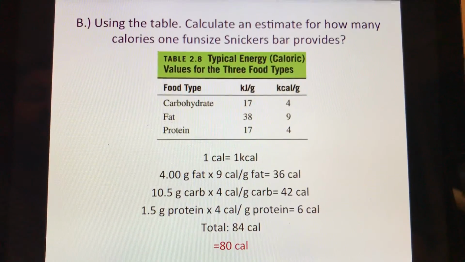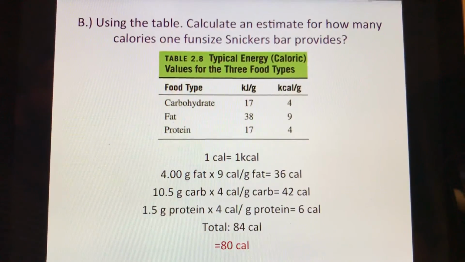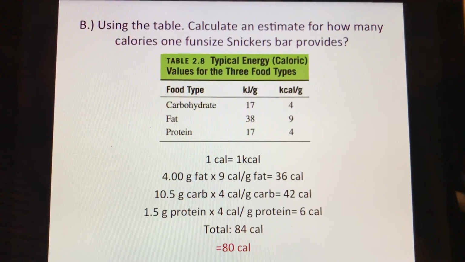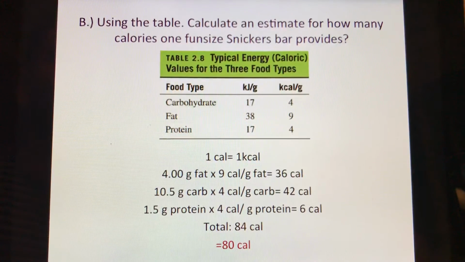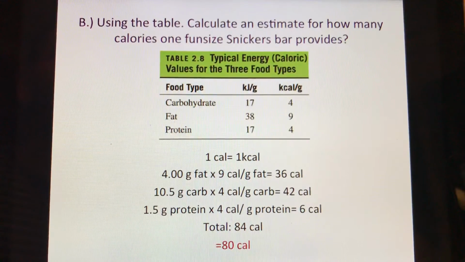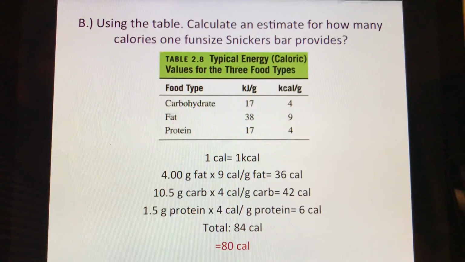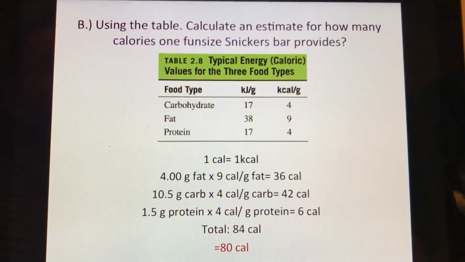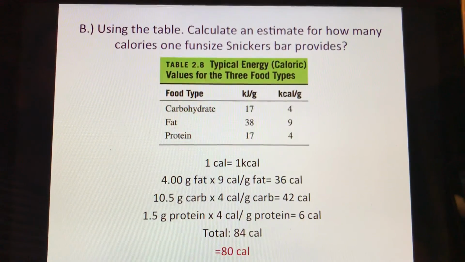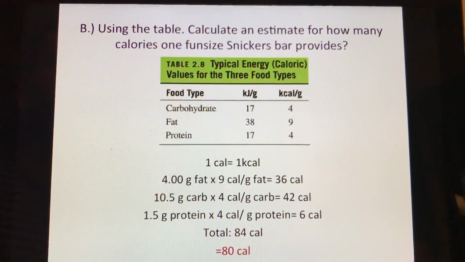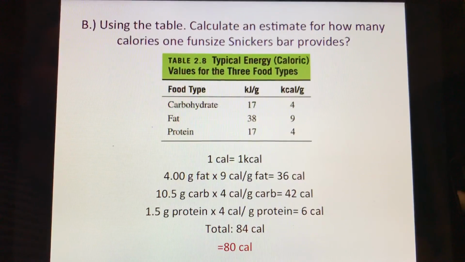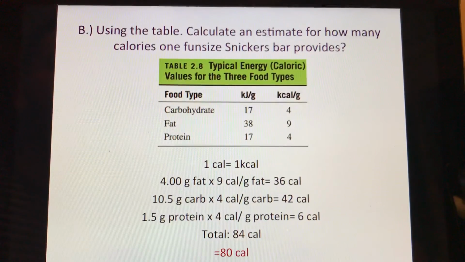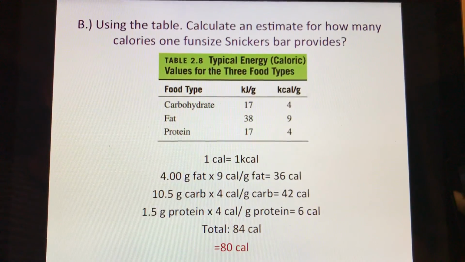So 4 grams of fat times the 9 cals per gram of fat is equal to 36 cals. 10.5 grams of carbs times 4 cals per gram of carbs gives us 42 cals, and 1.5 grams of protein times 4 cals per gram of protein gives us 6 cals. The total is 84 cals. We round off, it gives us 80 cals. And that's it.